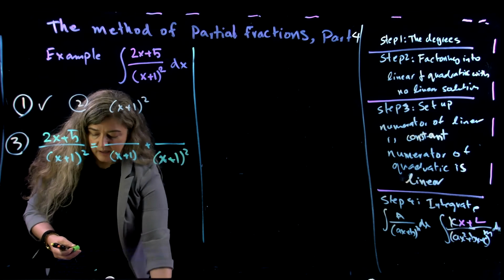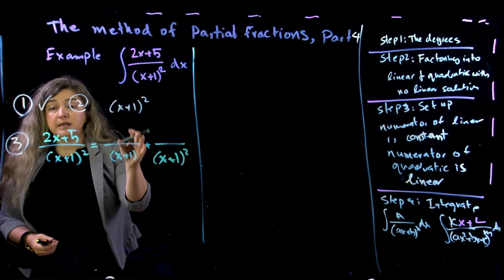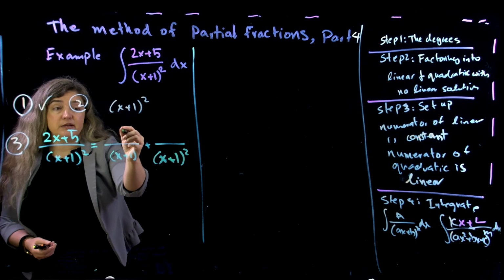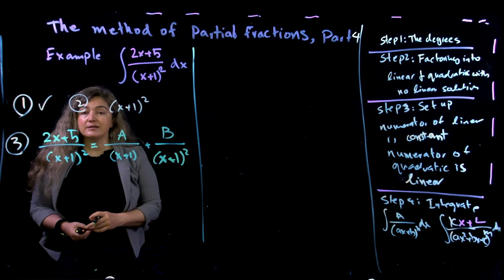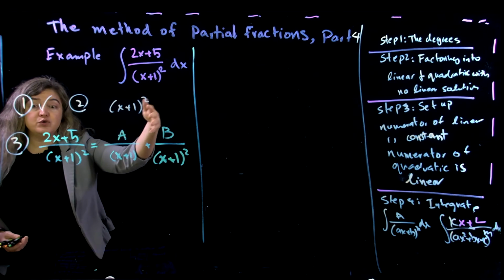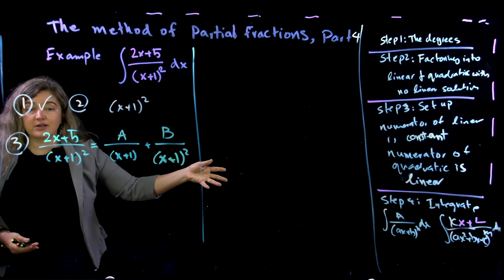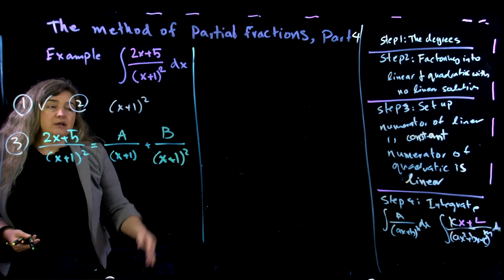If it's linear in the denominator, the numerator still has to be just a constant. And notice that I choose a different constant for each fraction. I start from A, B, C, D, and all the way.